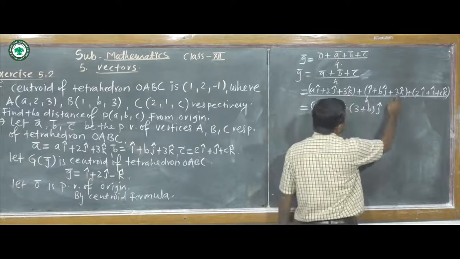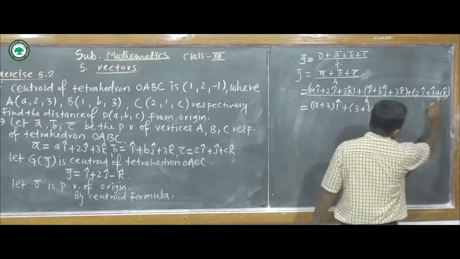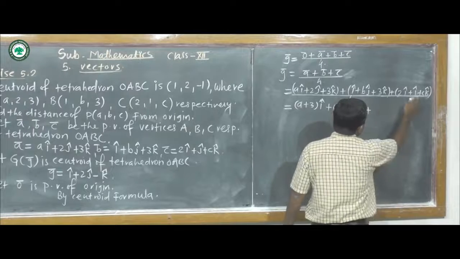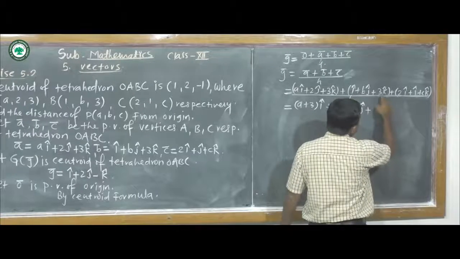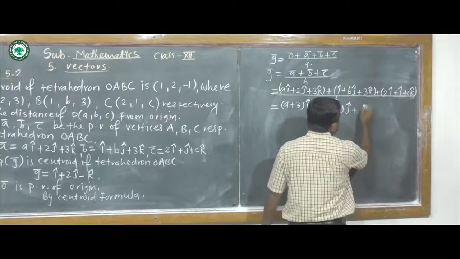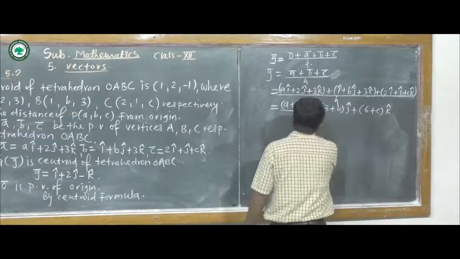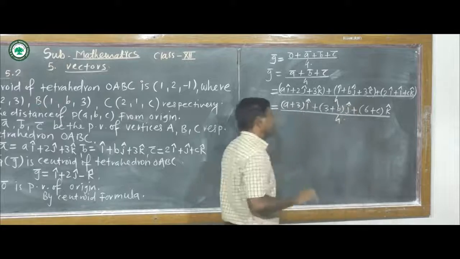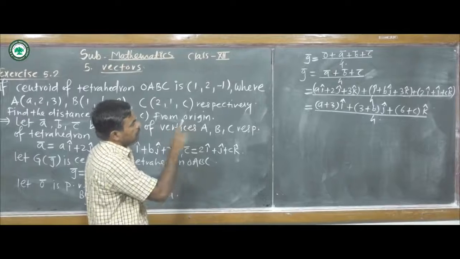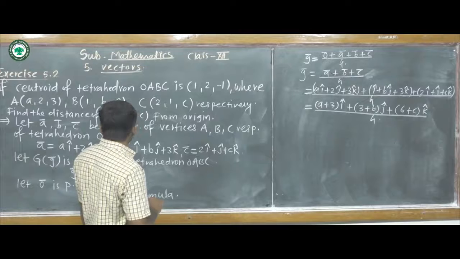Then 3k cap plus 3k cap, that is 6k cap, plus C, so it is 6 plus C into k cap, divided by 4. We have only taken the addition of 3 vectors on the numerator.